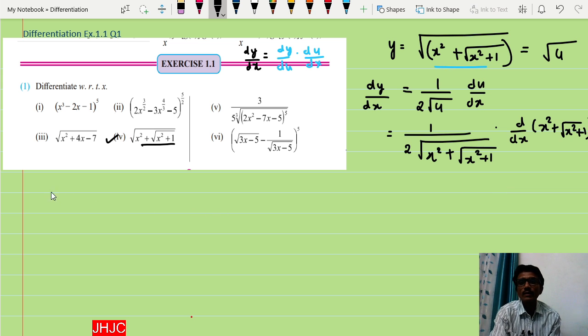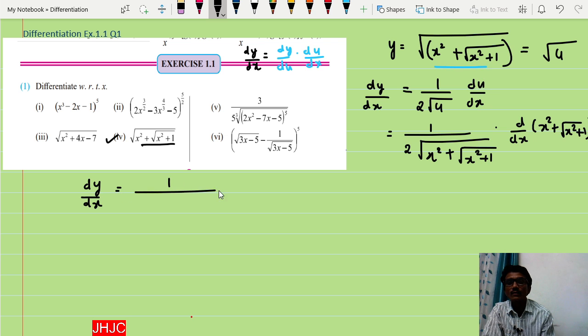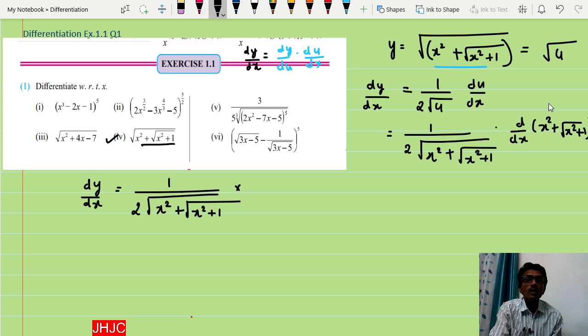Now this derivative will be dy by dx is equal to 1 upon 2 root of x square plus root of x square plus 1, into the derivative of x square.